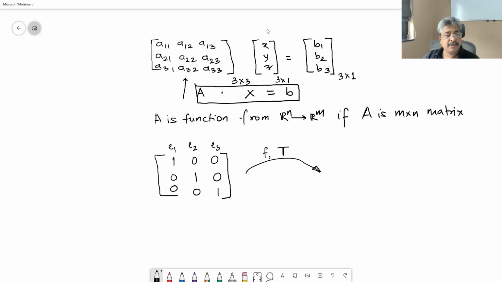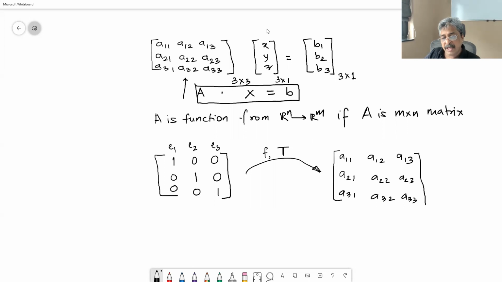E4, E5, E6, En, like that. And what you have here is A11, A21, A31, A12, A13, A22, A23, A32, A33. This is the images. I mean, this is what is the transformation.